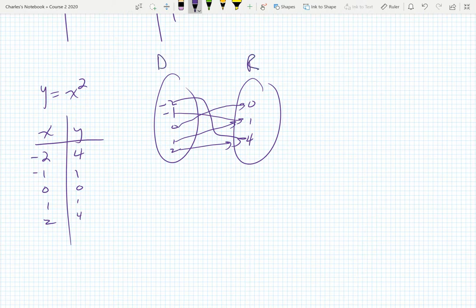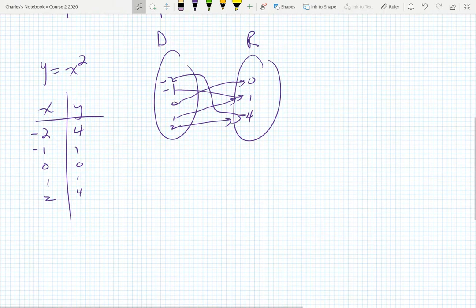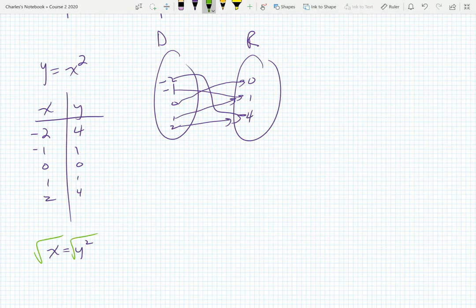And if I were to find the inverse, I would get x is equal to y squared. And then if I were to square root it, I would get y is equal to the square root of x.